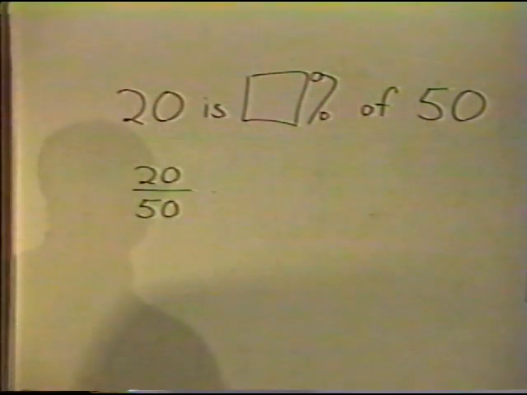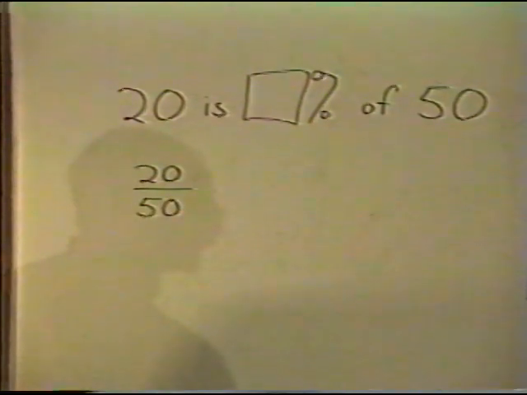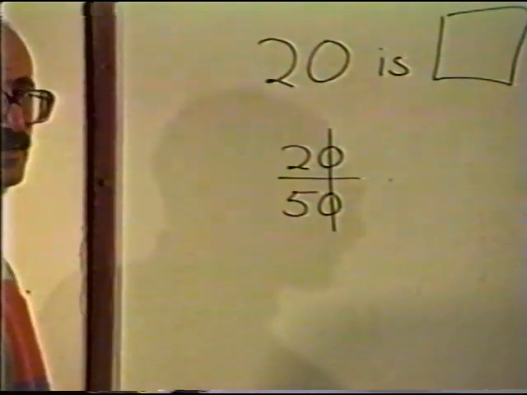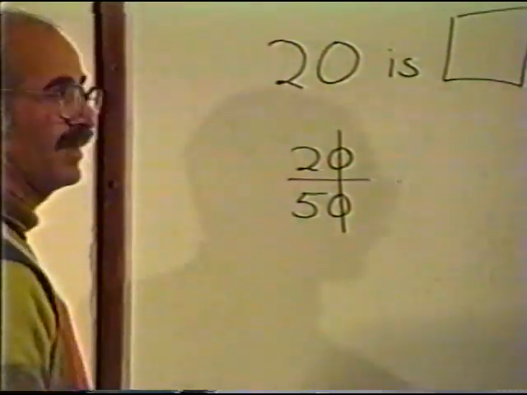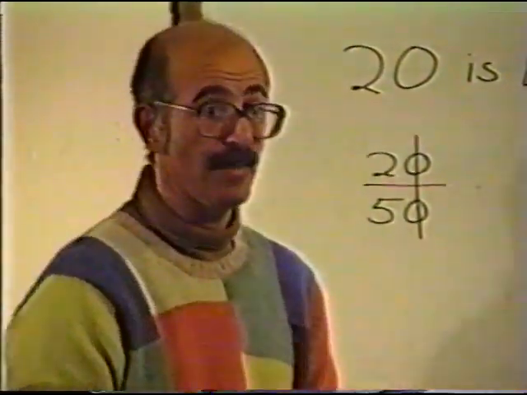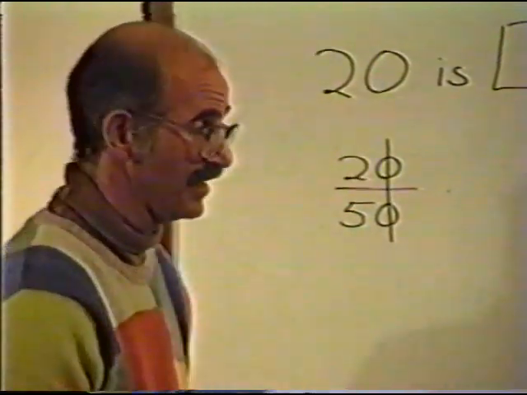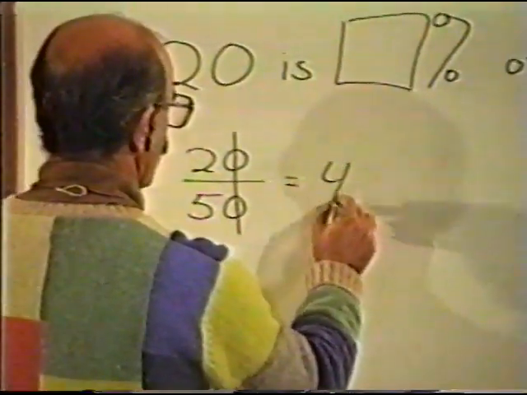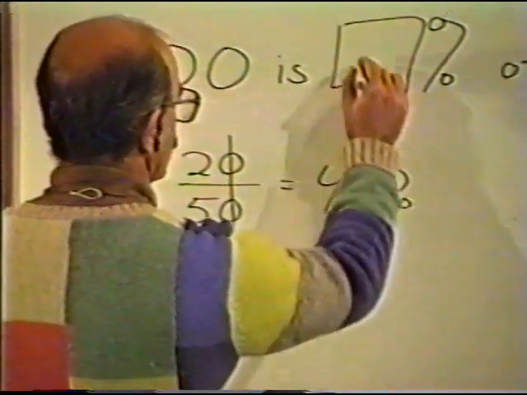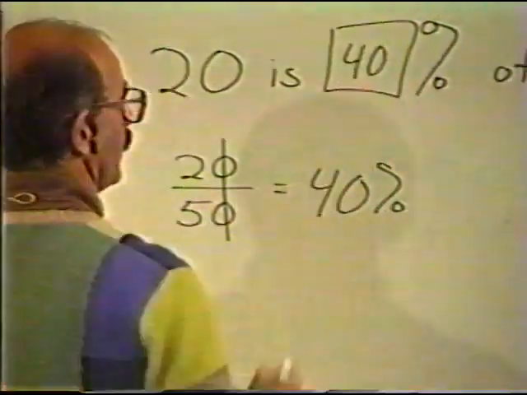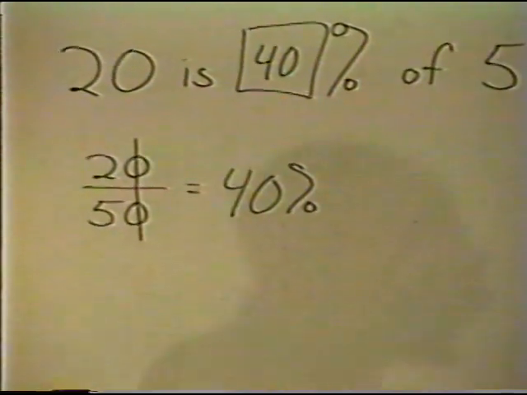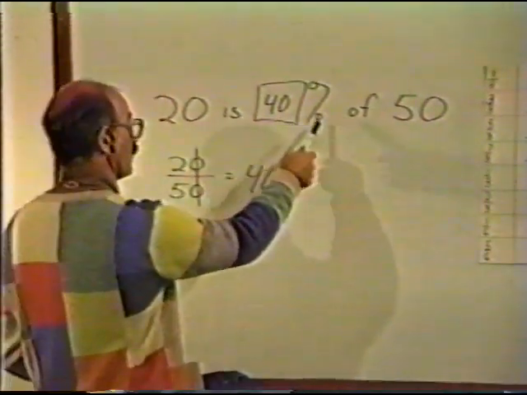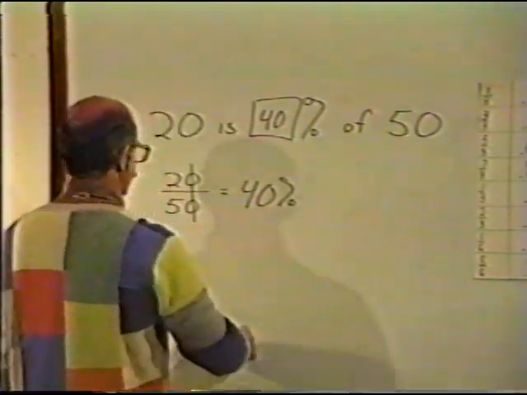Now, we can reduce this fraction just by hitting top and bottom with 10. And then we have 2/5. How much percent is 2/5? 40%. That is 40%, and we can just put the 40 in the box. It's just as easy as that. 20 is 40% of 50.